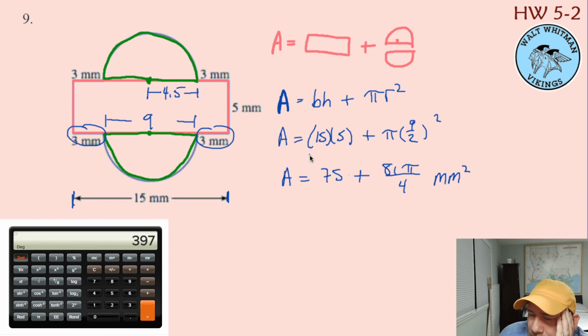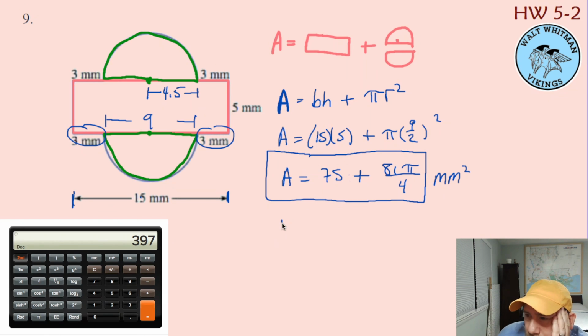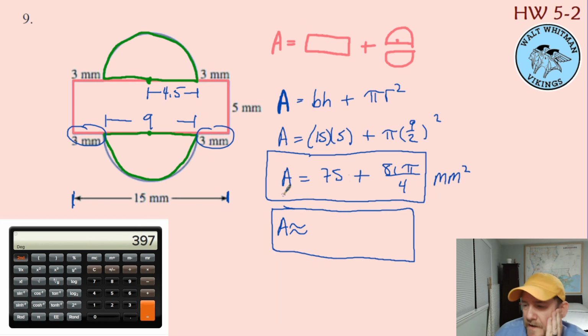If you guys want a decimal, that's fine. But you got to give me this first. And then your next answer can be an approximation. And let's see what it would be. So we clear everything. I'm going to do 81 times pi. Hit equals. We're going to divide that number by 4.